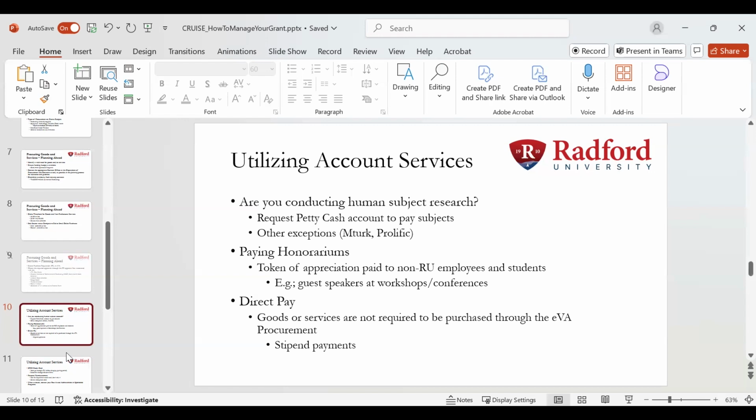And we won't go into that today because that's a whole other topic. But one of the biggest things that we ask about is, hey sponsor program staff, can I budget in monies to pay human subject participants? Of course you can. It's vital to pay human subjects so that your study has the maximum participation possible, so that you can collect the data and it can guide you in your research.